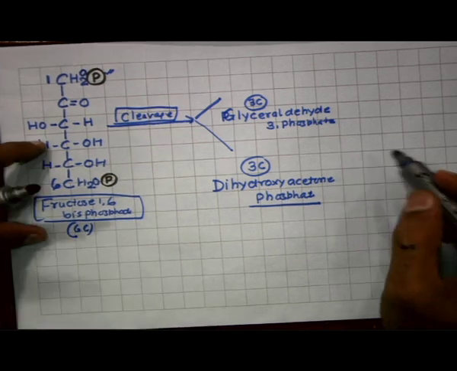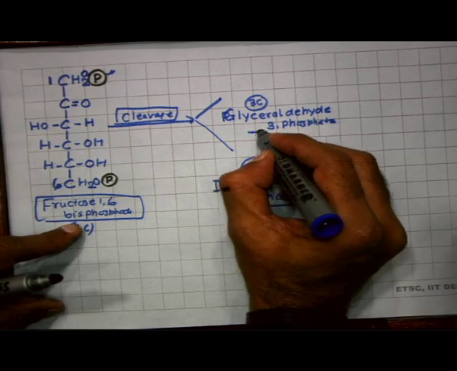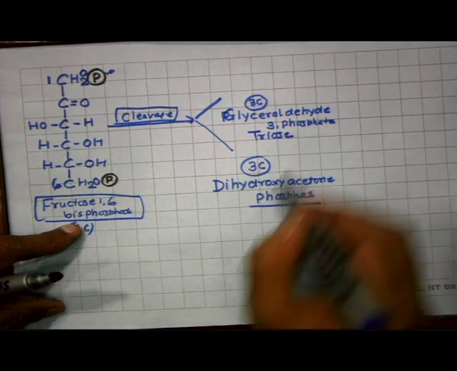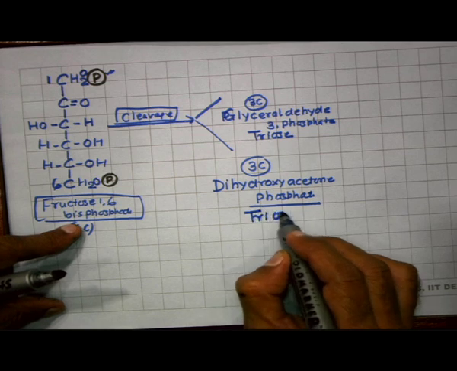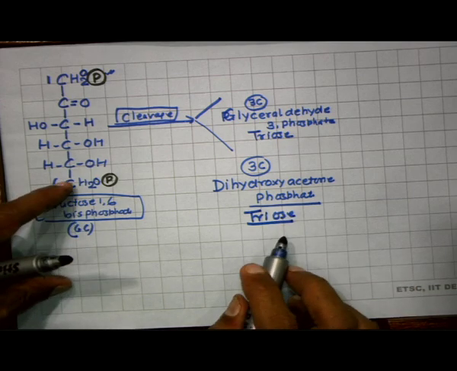These are a type of carbohydrate called triose. The glyceraldehyde 3 phosphate is aldehydic, and dihydroxyacetone phosphate is found in the ketonic form.